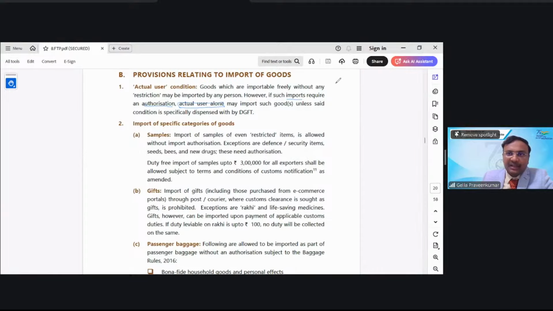Like, for example, let's assume that there is a manufacturing activity carried on by Ayush. So Ayush has a factory at Pune. Ayush undertakes manufacture where the goods are supplied to defense.